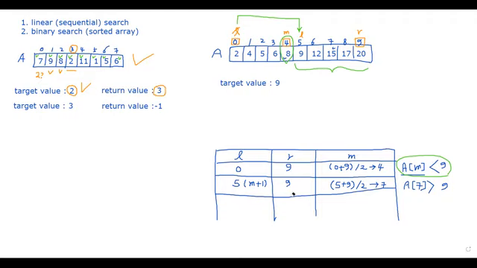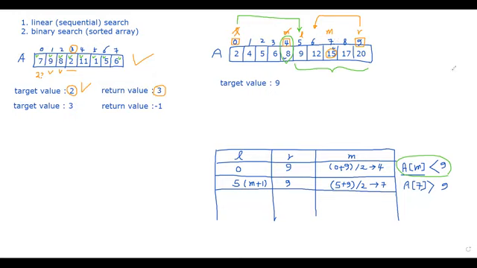So after this, we should update right. At this moment, this is the new mid, and the old one is gone. We should move right to mid minus 1, because the middle data is greater than the target value.